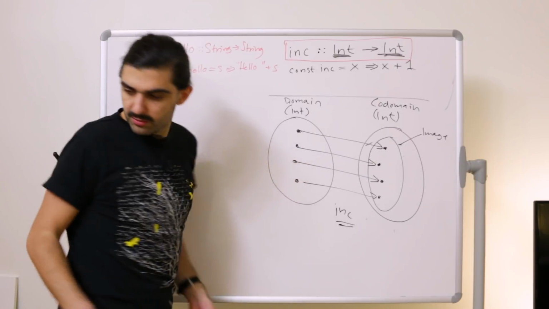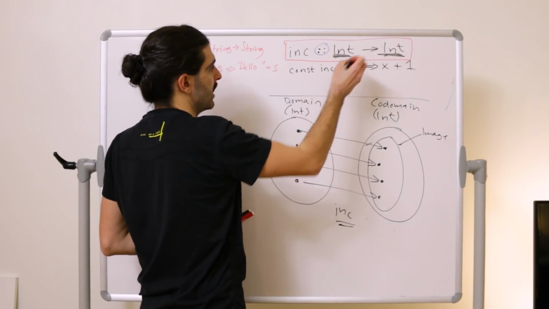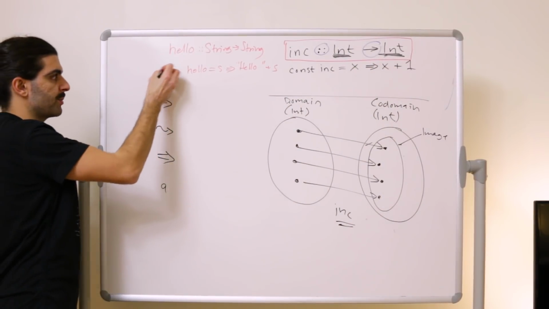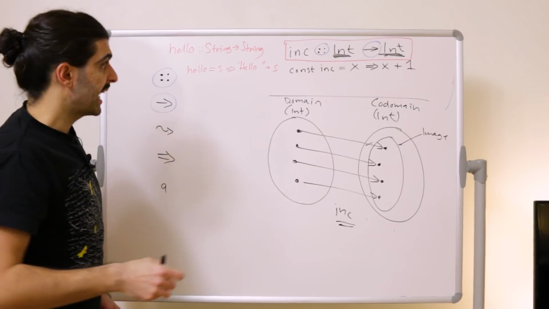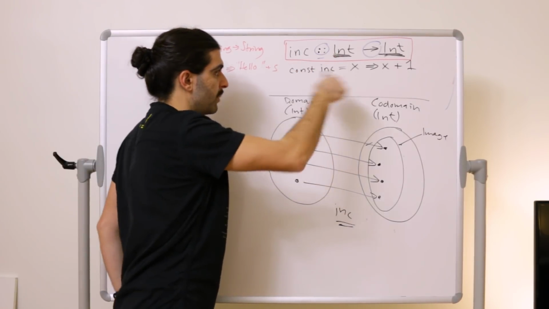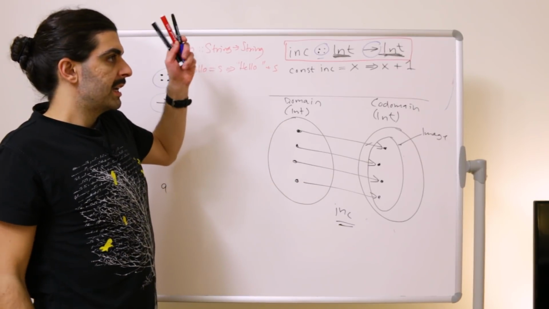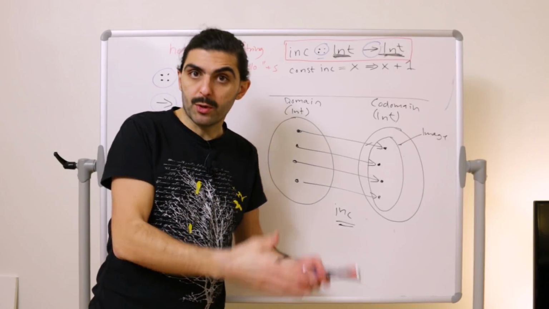We have now already defined this symbol and this symbol. Notice how we drew these originally in the beginning. We have that first symbol here, and then the second symbol here, and this double colon symbol should be read as, or could be read as, is a member of.